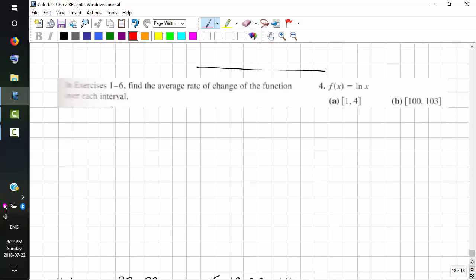Okay, before we start the next problem, you need to know what ln is. Ln x equals log e of x. Okay, and e is approximately 2.71828. So A, we're only finding the average rate of change, so we just have to plug it in.